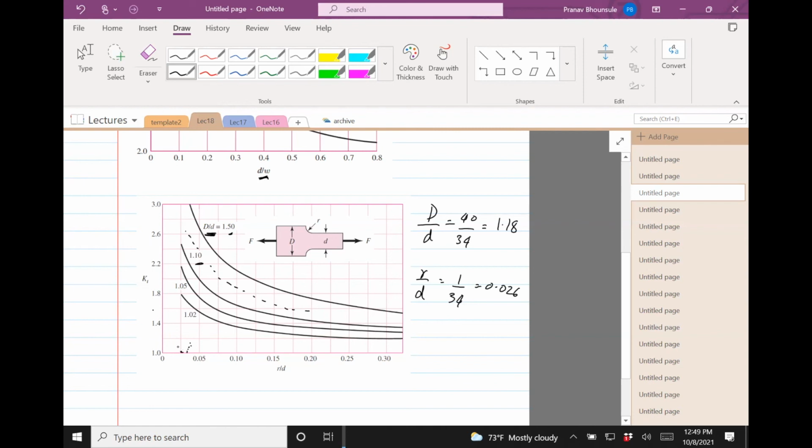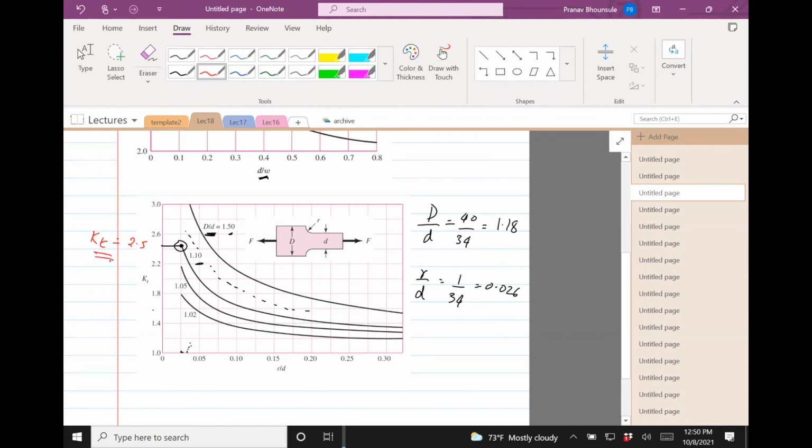You just assume it to be here. It's actually slightly above that, right? So that point is KT equals 2.5. It's okay if you make this approximation. You don't have to be exactly right.